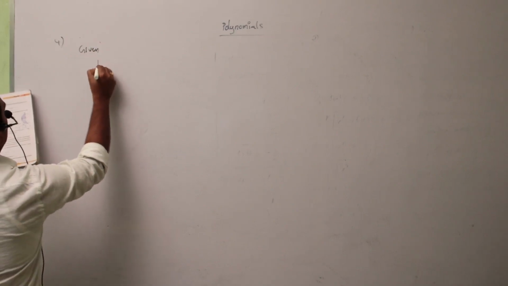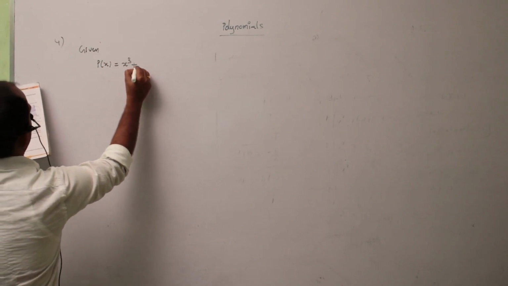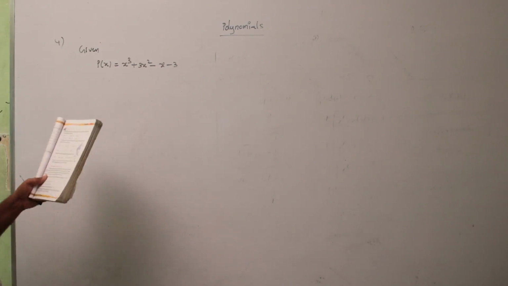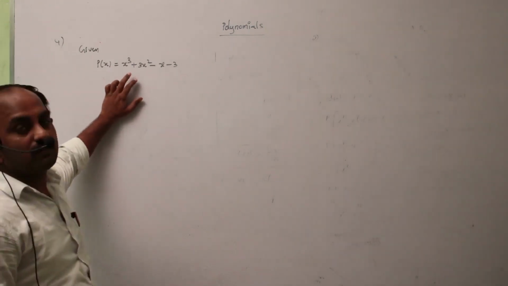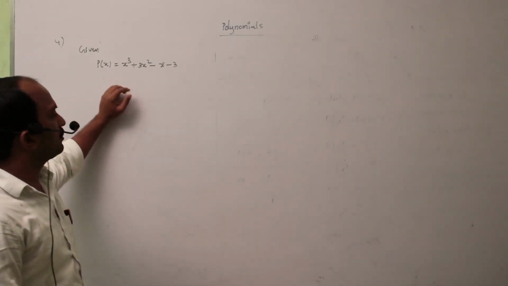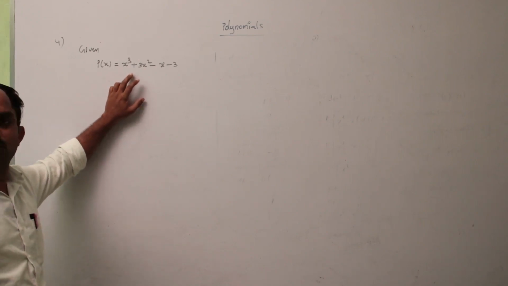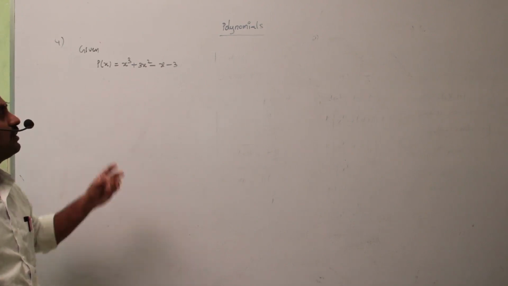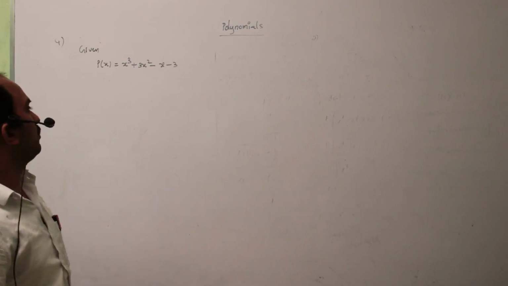So p of x is equal to, we have to assume, x cube plus 3x square minus x minus 3. So we have to verify 1, minus 1 and minus 3 are the zeros of this cubic polynomial. I think you know verification. Verification means you have to substitute the given value, or x is replaced by the given value. So if the value of the polynomial is 0, then the given one is a zero of the polynomial.